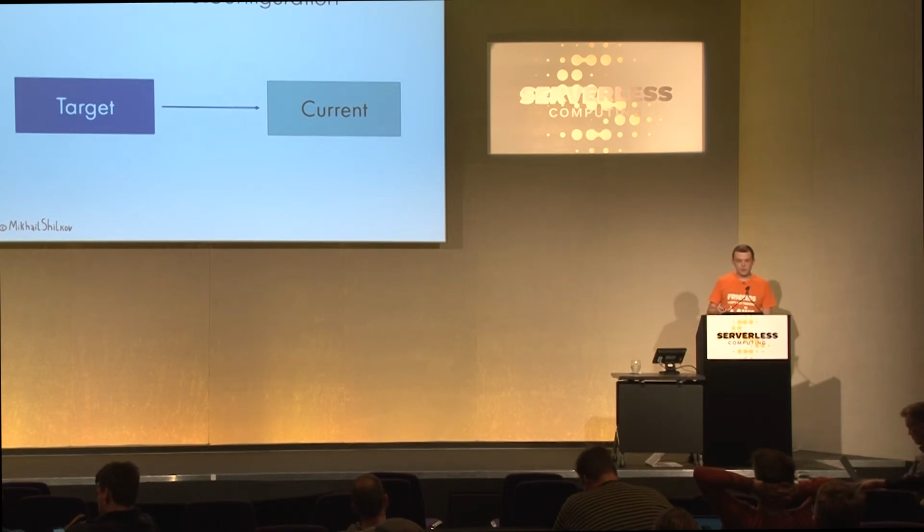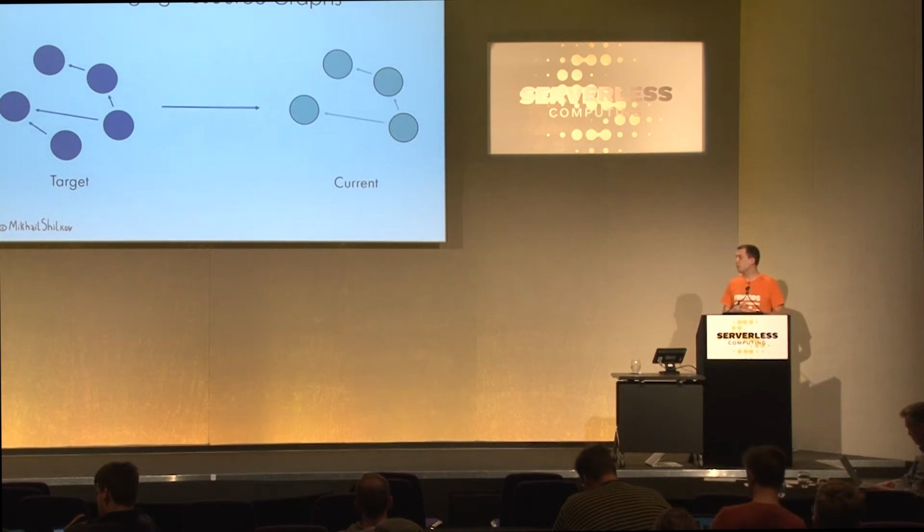configuration. If we zoom in a little bit, both target and current state describe graphs of resources. So you have resources which are nodes in these graphs, and arrows are like dependencies between resources. So your tool has to be good in two ways. One, it should be expressive enough to describe the graph exactly as you want it.